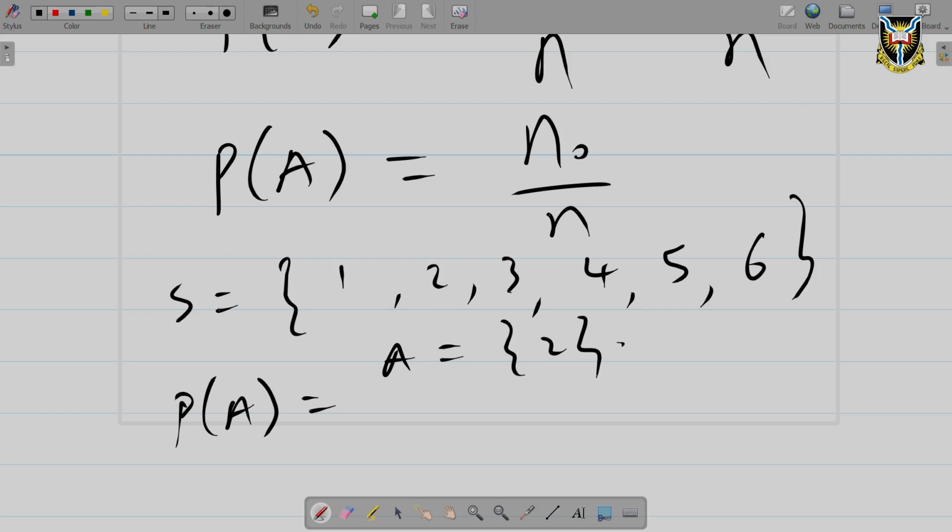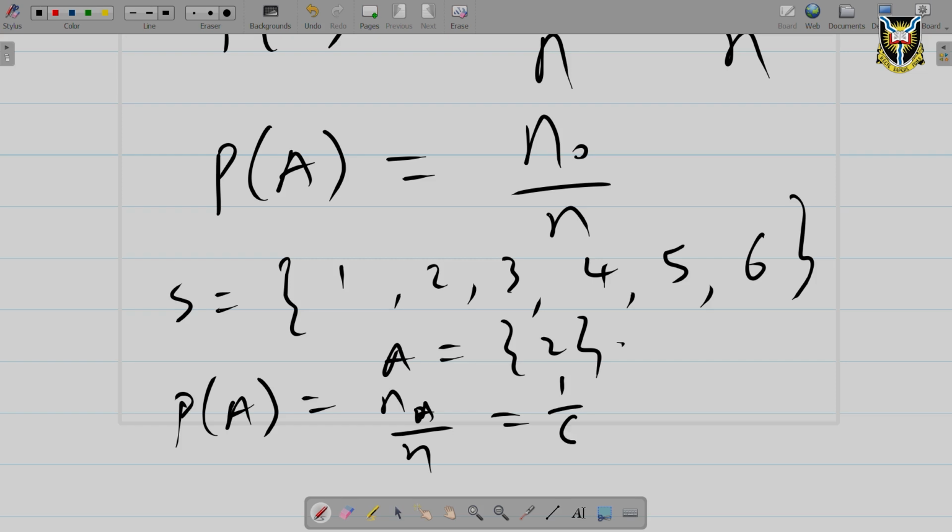Then probability of A will be n of A divided by n. Don't forget, I said the other time that n is the number of elements in the sample space, and n of A is the number of elements in the event set. Now, we have only 1 element in A and we have 6 in n.